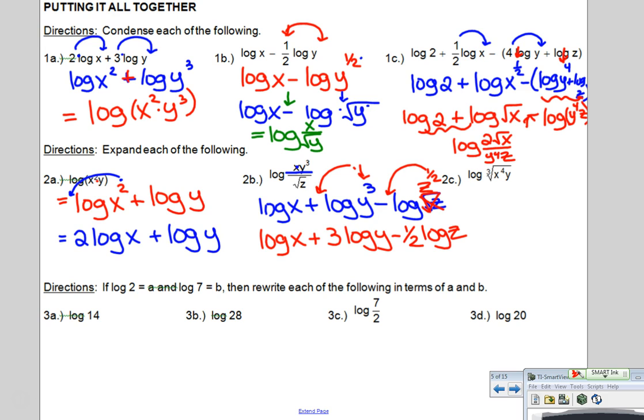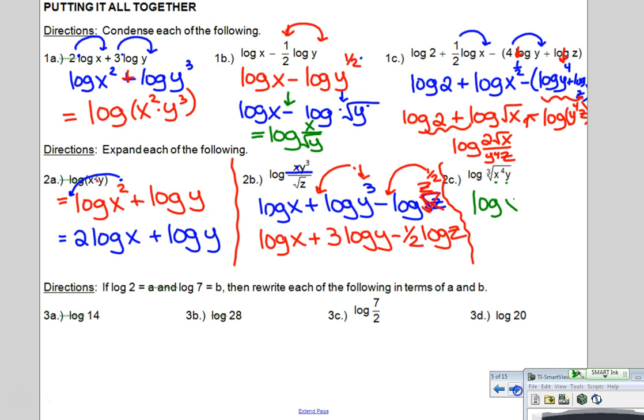All right, and lastly, on problem 2C, we have a cube root on all of those guys. So in order to unravel this, I have to unravel that cube root symbol. So a cube root symbol, if you recall, I can distribute the cube root of 3 to both terms.